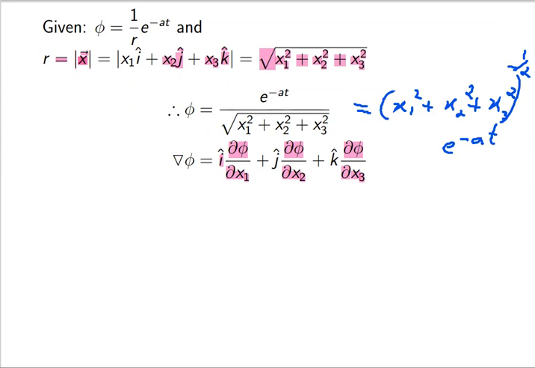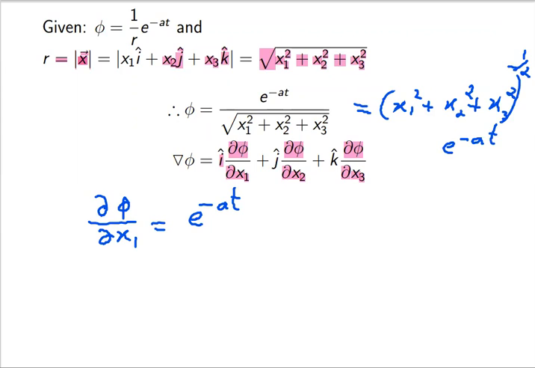So what is dou phi by dou x1? E power minus at stays as it is, because that is completely a function of t. The remaining part we have to differentiate.